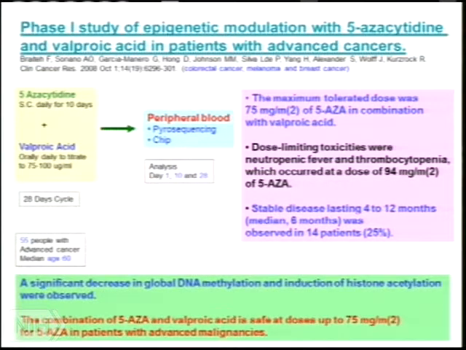Now I will give you 2 examples in which a combination of these demethylating agents and histone deacetylation agents works. In this case, 5-azacytidine, which is a methylation inhibitor, and valproic acid, which is deacetylating, were used in combination, and the patients were such that no other treatment worked.